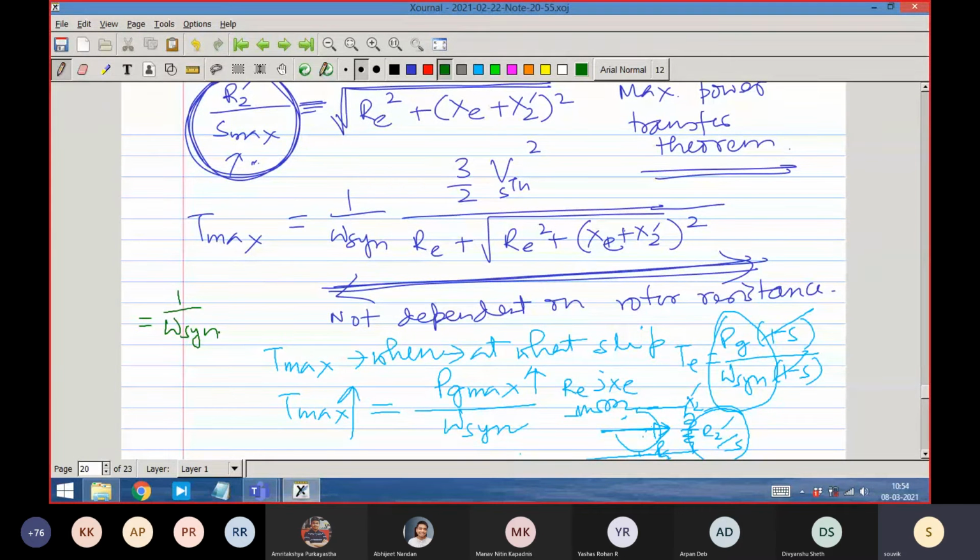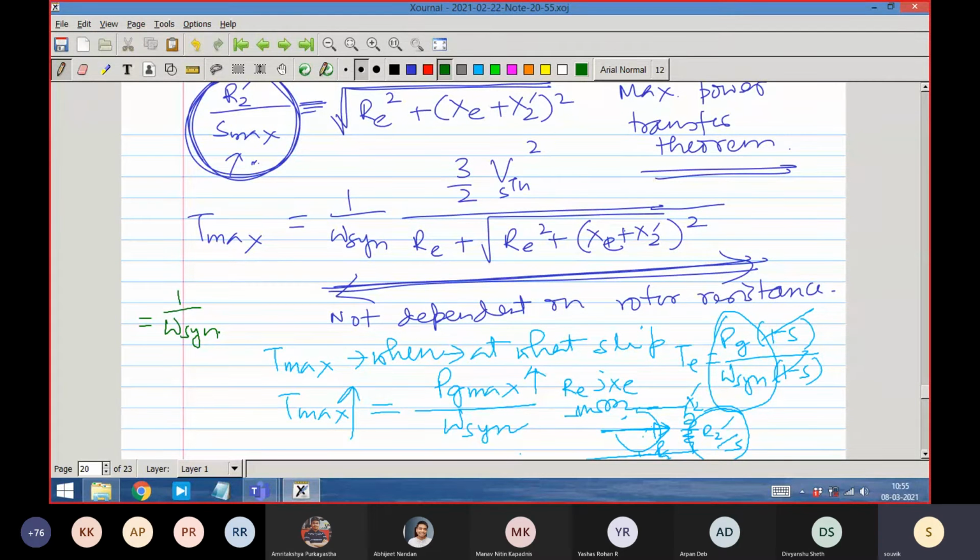If we change the number of poles but keep the supply frequency the same, then what problem may happen is, suppose you apply the same voltage to a 4-pole machine without doing any change, then the machine may saturate. You just think about that. It may saturate because the integration of the flux will go beyond that.